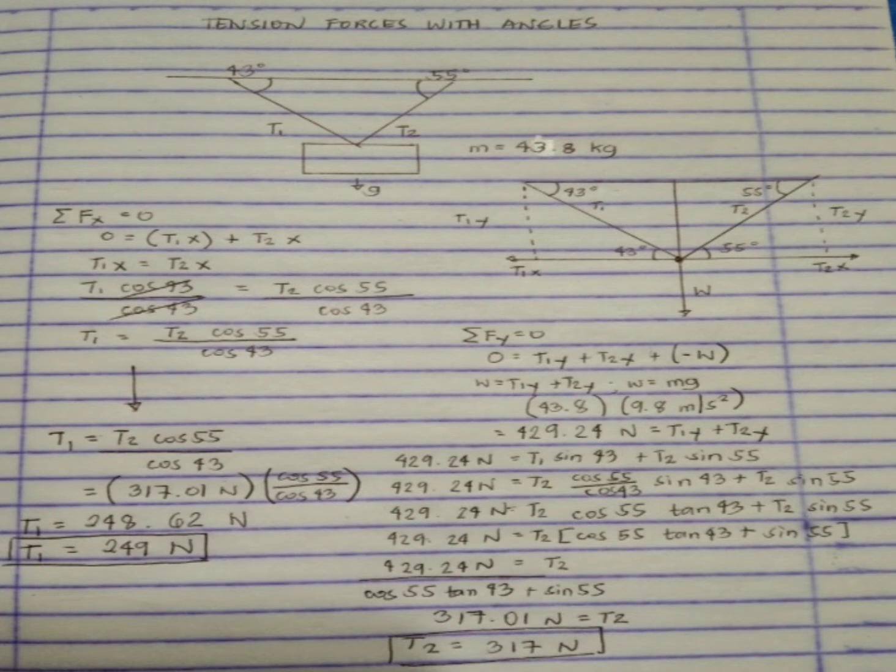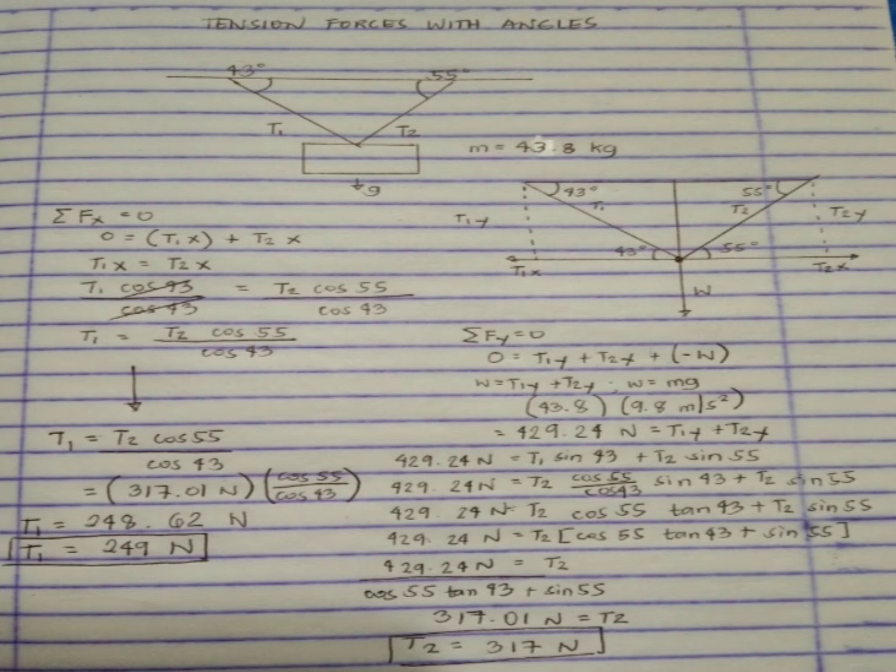Summation of all forces along the y-axis is equal to 0. 0 equals T1y plus T2y plus negative W, since the object is going down. W equals T1y plus T2y, wherein W equals mass times gravity.